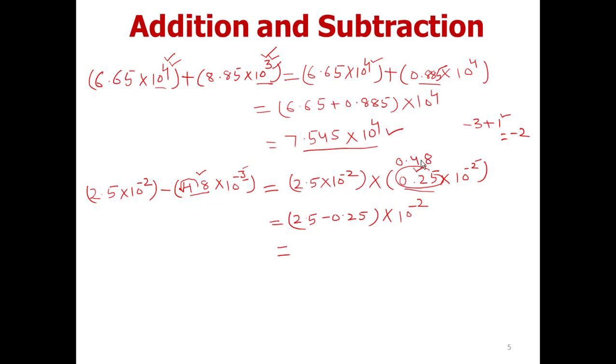So what I can do, I can erase it. So I will write here 0.48. This number was 4.8, so it becomes 0.48. Now let us erase this. So 2.5 minus 0.48 into 10 raised to the power minus 2, and the answer will be 2.02 into 10 raised to the power minus 2.